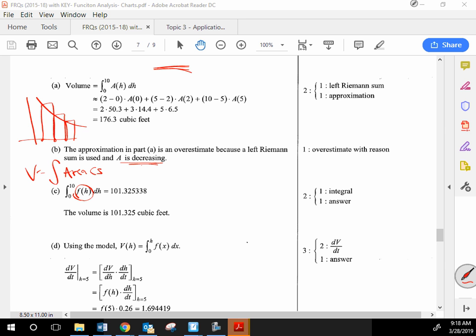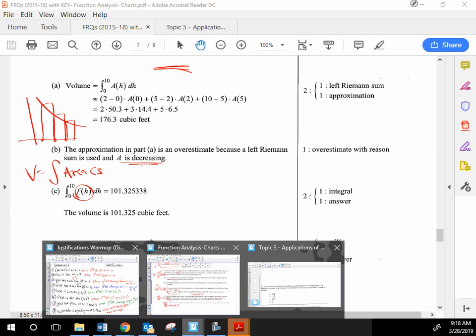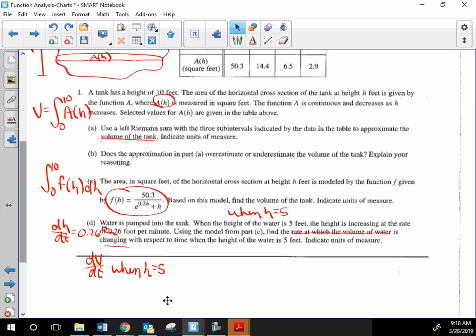And then our last one asks us to find the rate of change. We want to find dV/dt when h equals 5. Our volume, it said, is based upon our model in C, so we said our volume in C is equal to the integral of f of h dh. This tells us our volume only for the entire tank at height 10.